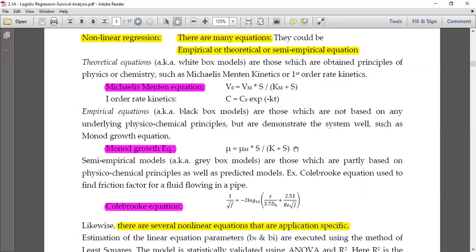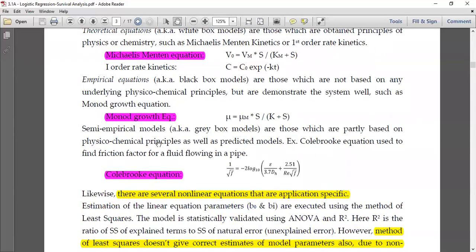But this particular equation explains the curve well. The curve looks like the Michaelis-Menten equation, that is, a sigmoidal curve. For that case, you can easily fit the data. So a black box model or empirical equation doesn't consider any physicochemical principle. They just demonstrate how the graph looks.